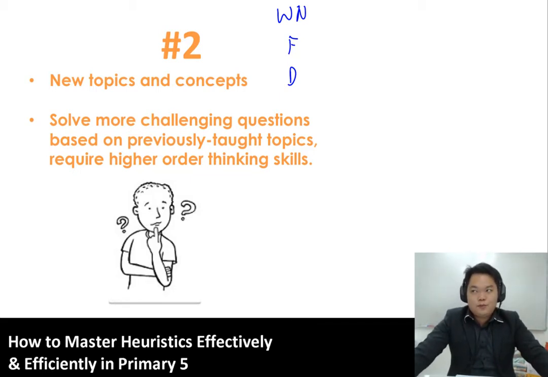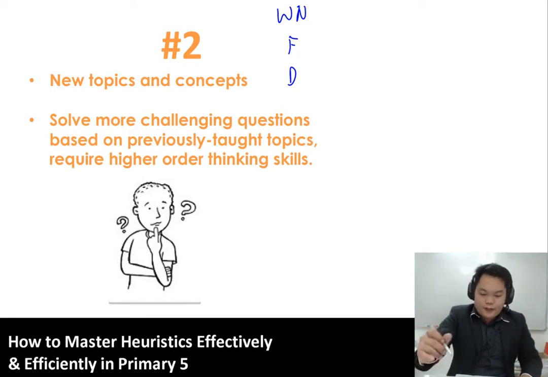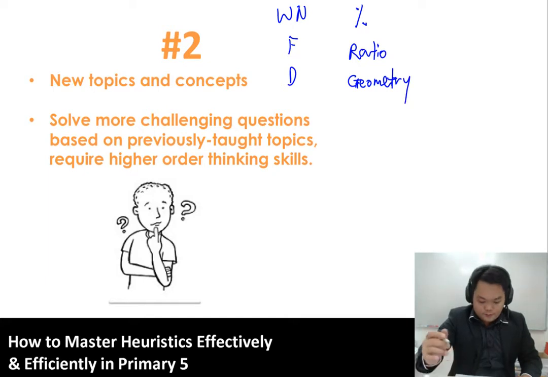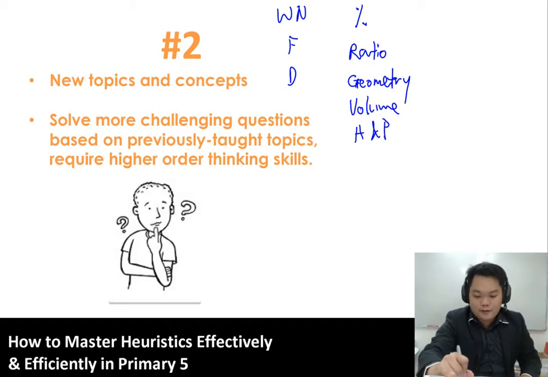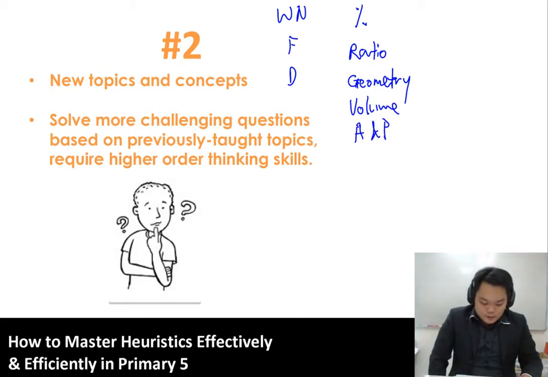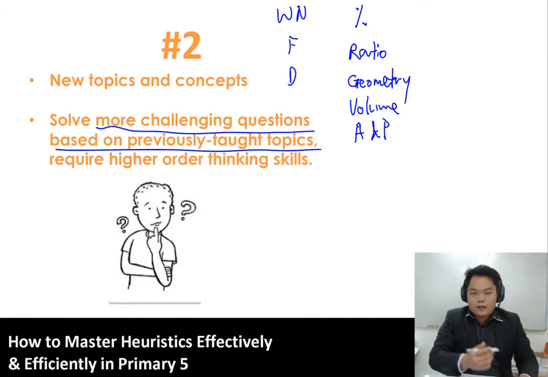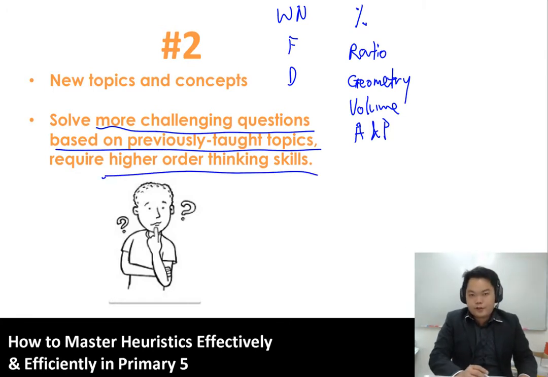Nothing too difficult in my opinion. So at P5, they will be covering new topics such as percentage, ratio, geometry, further elaborating on the quadrilaterals, volume, harder problems in area and perimeter, and so on. So based on this, they need to solve more challenging problems based on what was previously taught already. And all these will require higher order thinking skills.